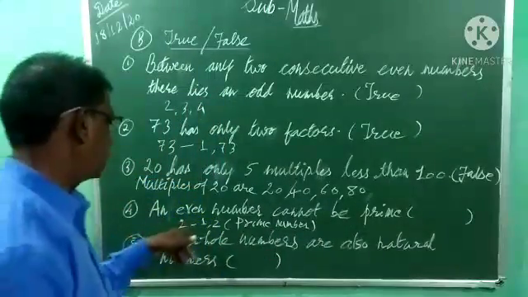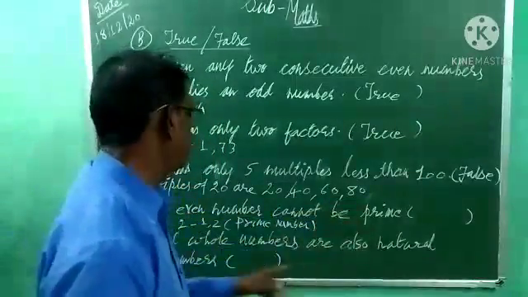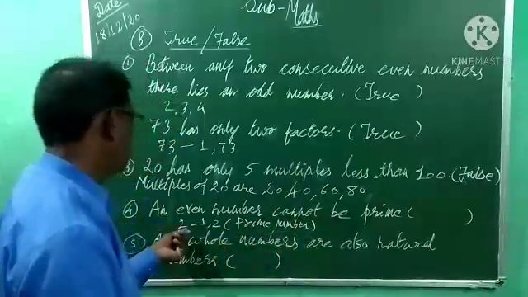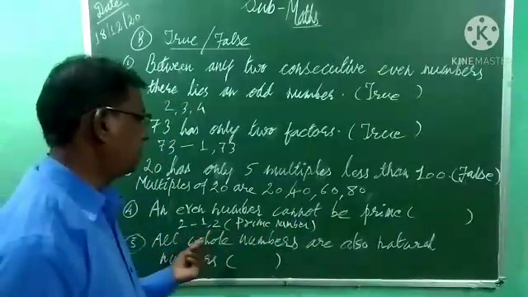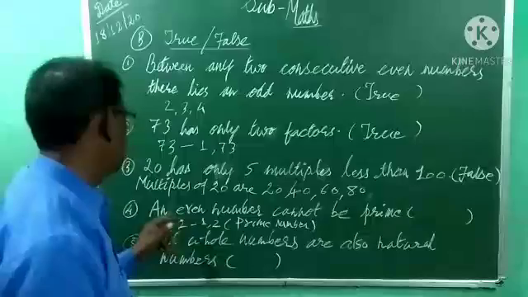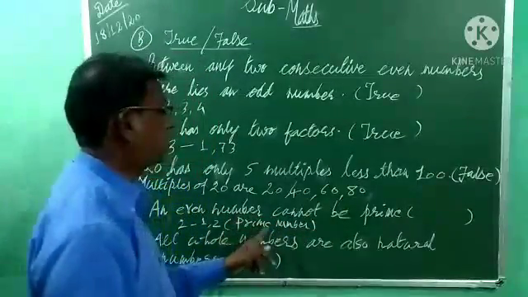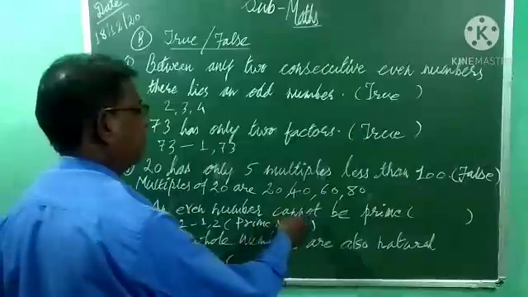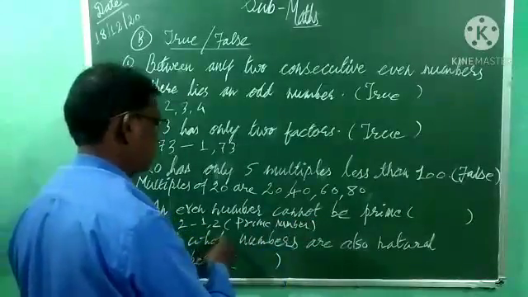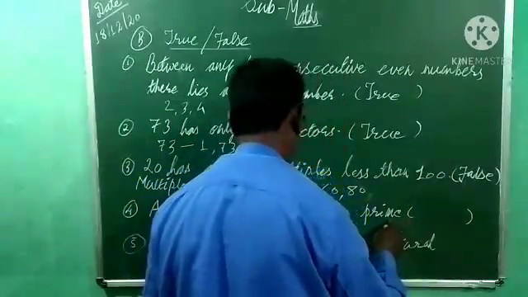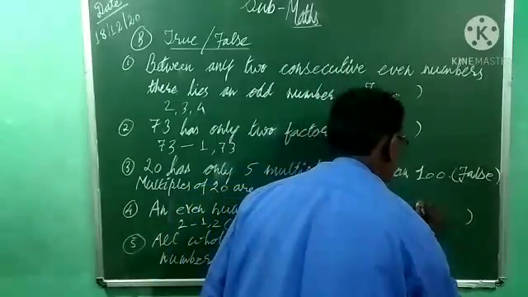Understood? 2 is an even number, and it is a prime number also. But in the question it is given, an even number cannot be prime. An even number can be prime, but here it is given cannot. That's why this sentence is also false. Understood?